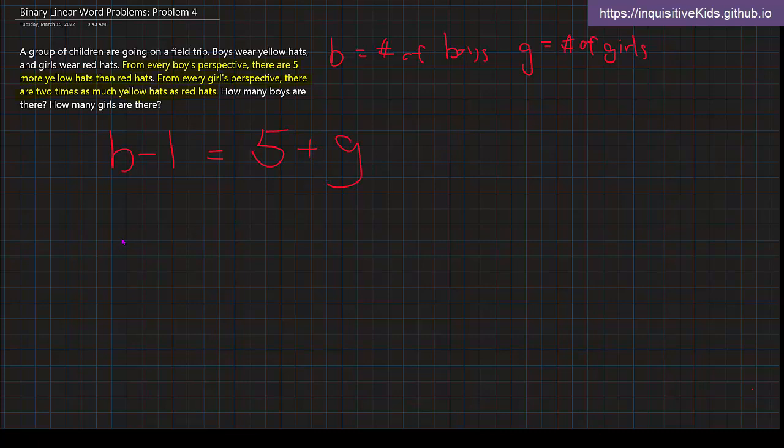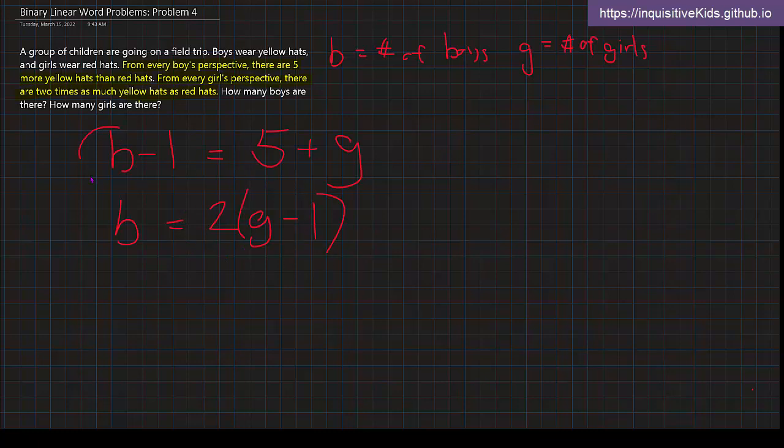And we also know that from every girl's perspective, there are 2 times as many yellow hats as red hats. So from every girl's perspective, B is equal to 2 times G minus 1, because again, this is all the rest of the girls that are not the person looking at everyone else. You can't see your own hat, so it's not including yourself.